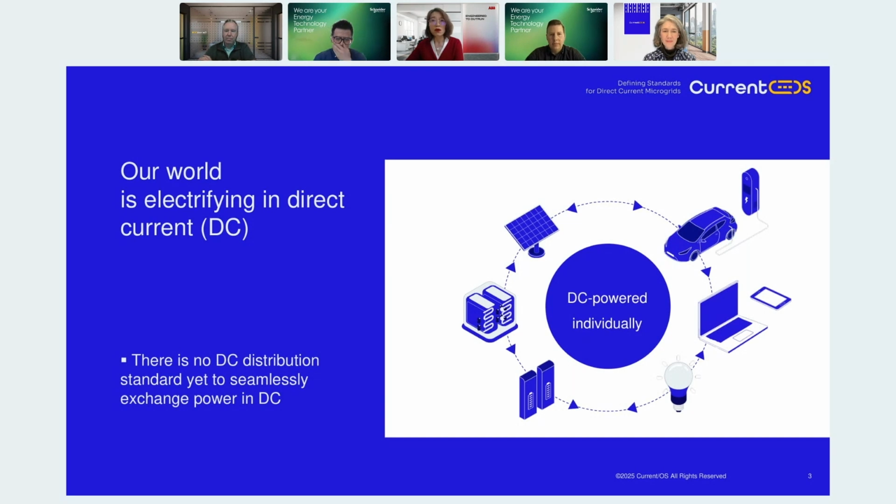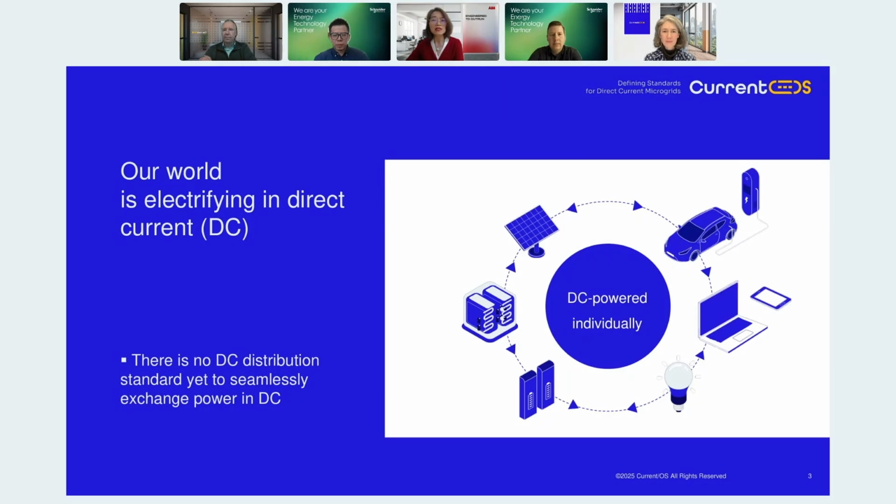Those all generate direct current. And on the other side, we are moving to an all-electric society that consumes direct current. All the modern appliances are using direct current. For example, our cars, computers, data centers, LED lights, and smartphones all run on DC. Yet infrastructure is still dominantly AC-based.